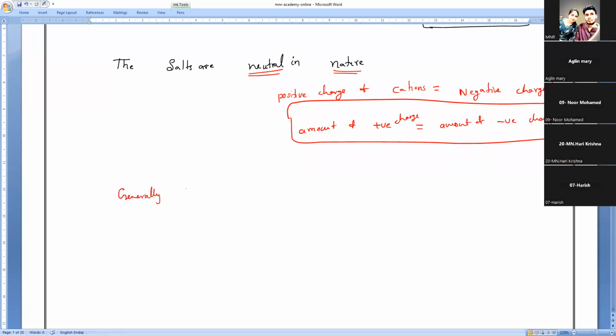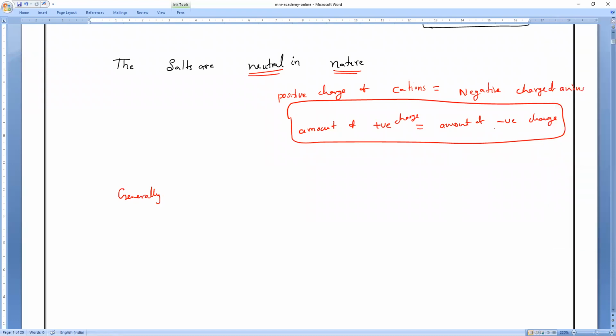We can form salts in many ways, but generally the neutralization reaction is the well-known reaction for the formation of salts and water.